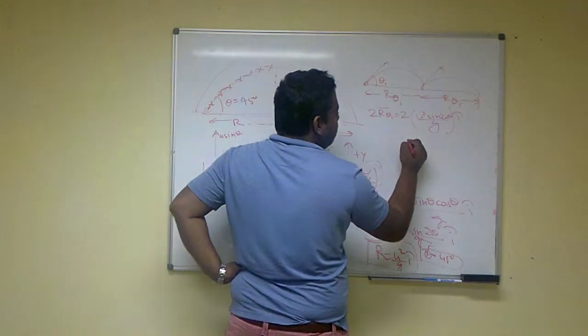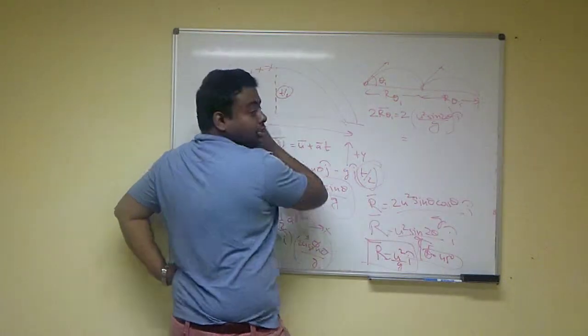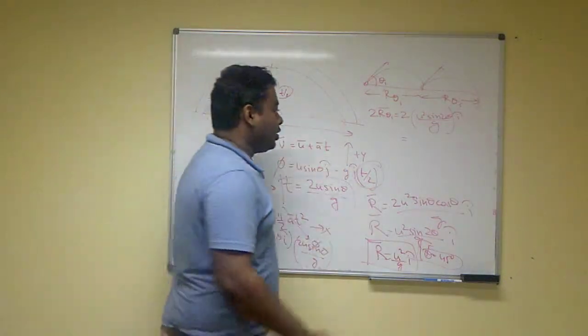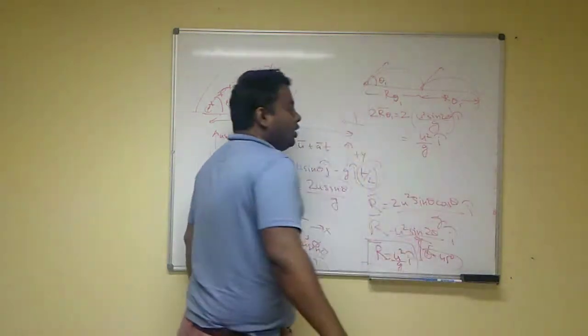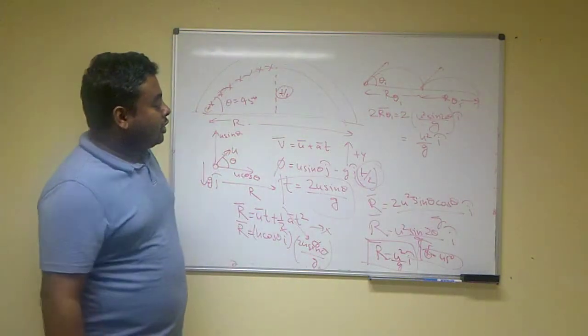That should be equal to this range when the theta angle is 45 degrees, which we know for the special case is given by u square over g i cap, right?